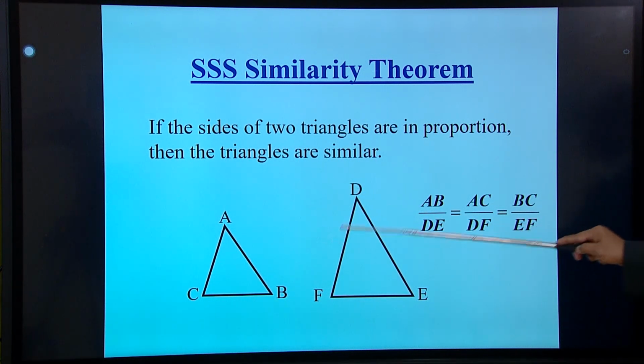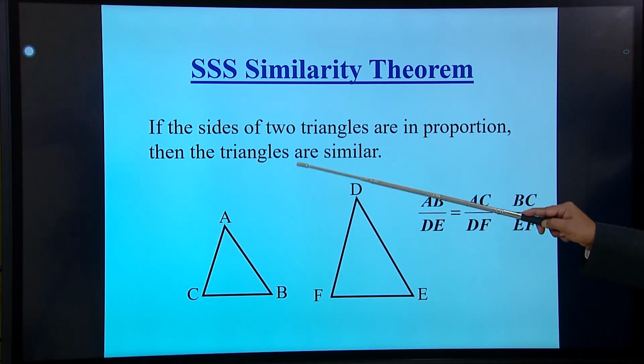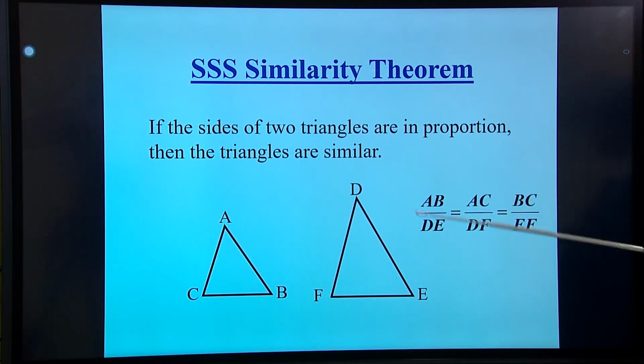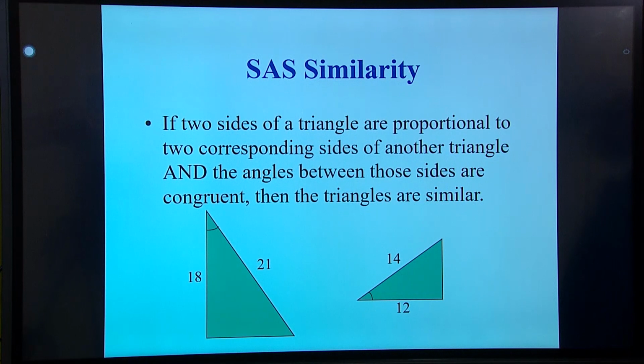Whenever we compare sides in similarity, it must be the same sides we are looking at in both objects. That is very important, the order in which we write that. There's another theorem: if two sides are proportional and the angle between them is equal, then that also tells me that those two triangles are similar.